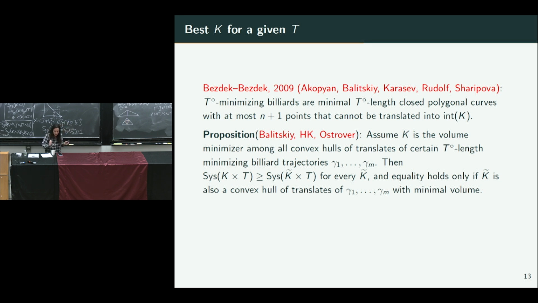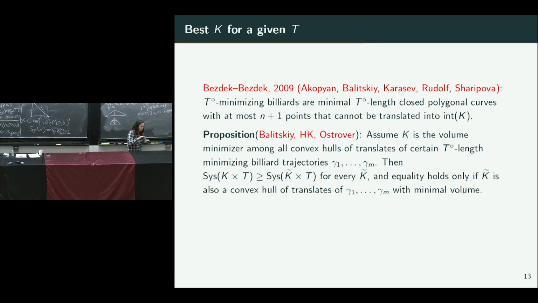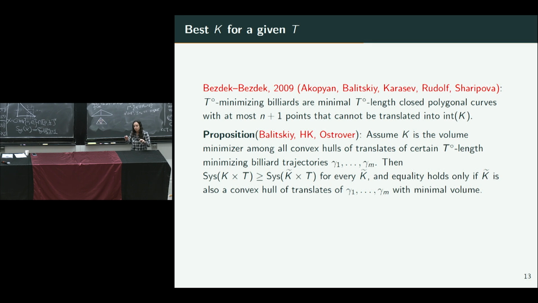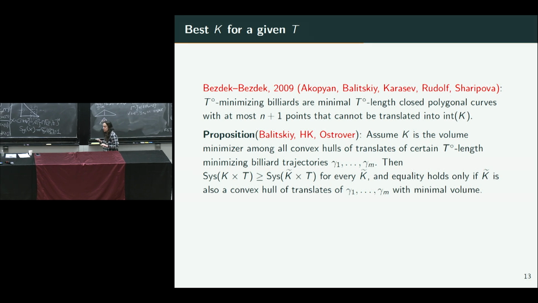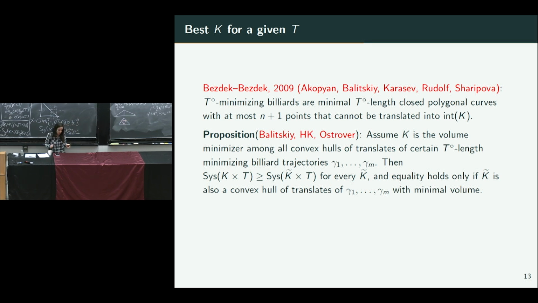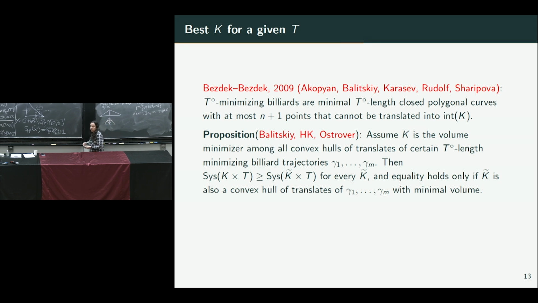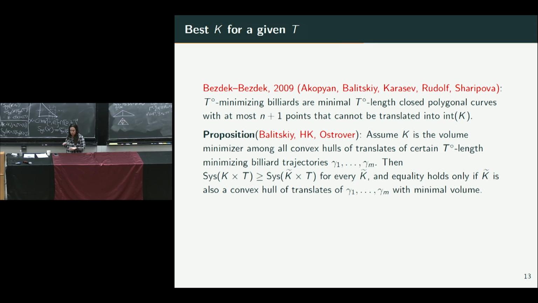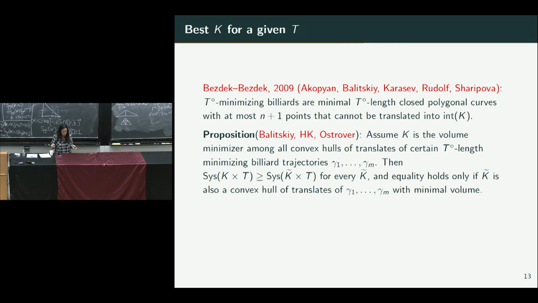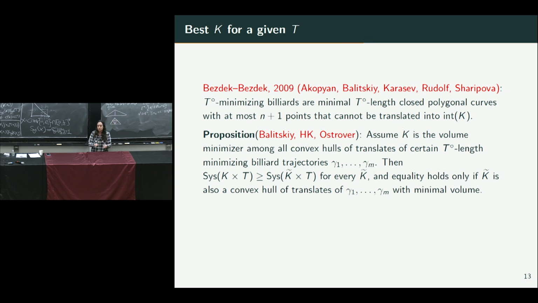So if I can find some K which is minimizing the area of the convex hull over all translations of the gammas, and the gammas are minimal orbits of this K times T, then this K is optimal for T. And moreover, if I have equality with a different K, so if I can translate them in a way which will also be optimized, then the curves are the same curves that I started from.